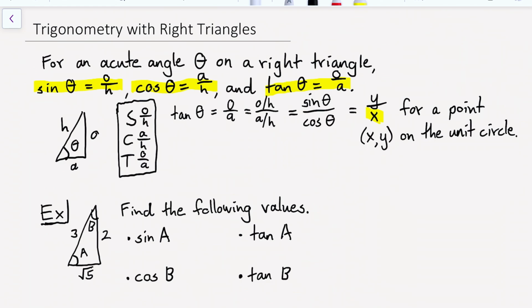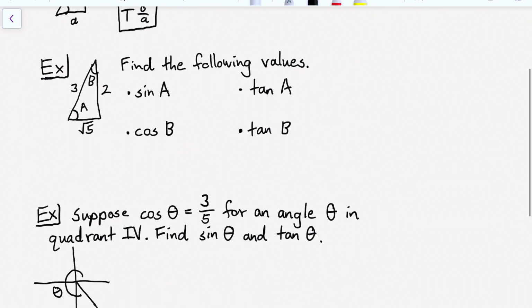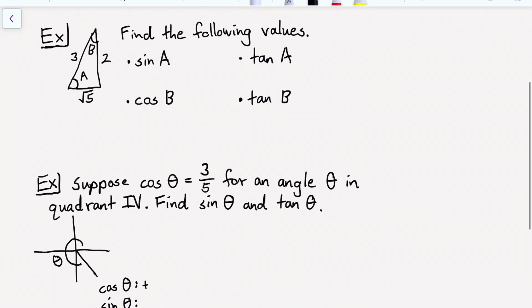So let's consider a couple of examples for how we can use right triangles to find trigonometric expressions. Here we're given a triangle and we want to find the following values. Sine of A. So sine of A is the opposite over the hypotenuse relative to the angle A. Opposite leg would be 2, hypotenuse would be 3.